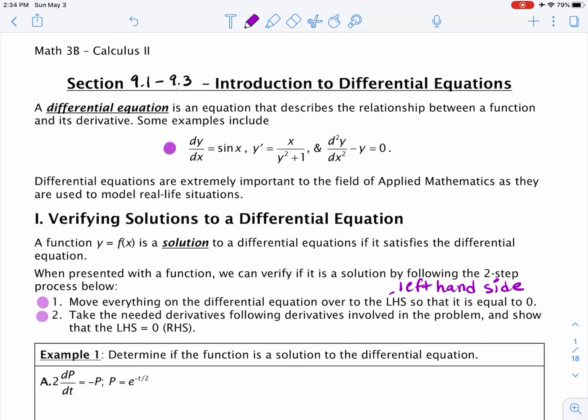It says take the needed derivatives and show that the left-hand side equals 0, which is the right-hand side. So that is really the method. You just have to do step 2. You don't have to do step 1.